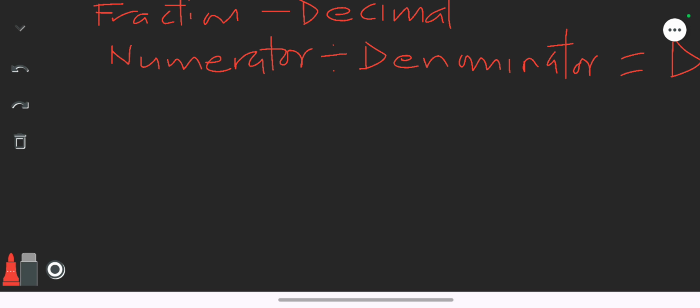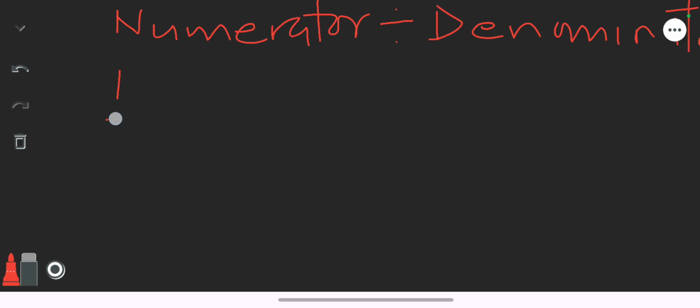If we have 1 over 4 as our fraction, 1 is our numerator and 4 is our denominator.